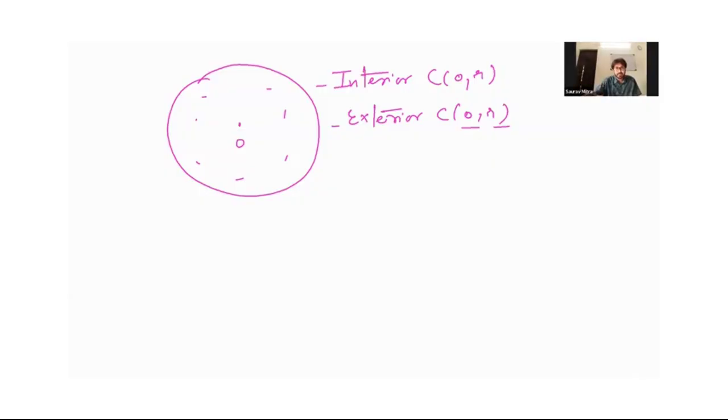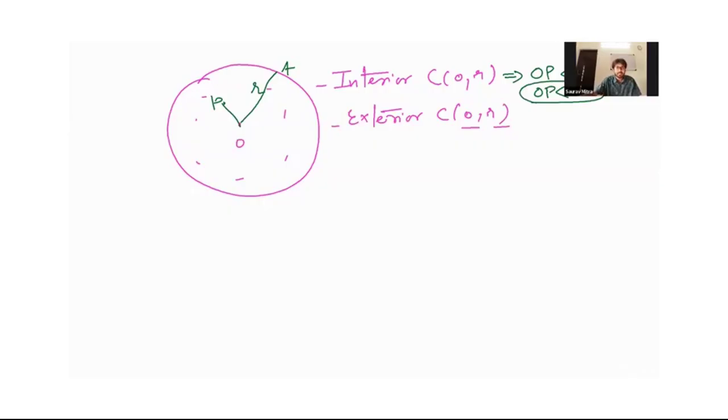See, if any point P is here, what is the length of OP and what is the length of OA? If OA is radius r, then for the interior we can say that OP is less than OA, that is, OP is less than r.